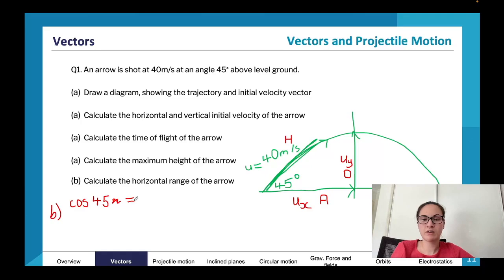Cos 45 is equal to UX divided by 40, because that's our hypotenuse. And now we multiply both sides by 40 to get UX by itself. And we are left with a number I need to plug into my calculator, but put it into the chat if you've calculated this.